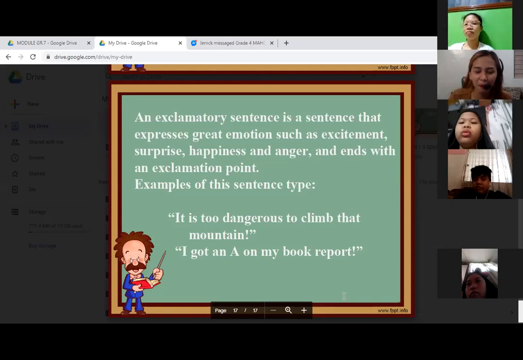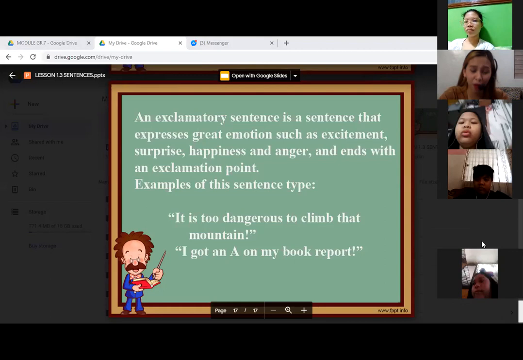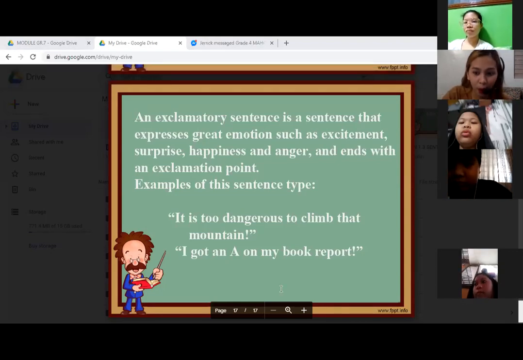Diba? Let's say for example, according to the example below, it is too dangerous to climb that mountain. Diba? So, para siyang na-excite na pinagsasabihan niya yung kausap niya na, dapat hindi ka pumunta dyan, delikado yan. Diba? You are expressing your opinion too much and it ends with an exclamation point.